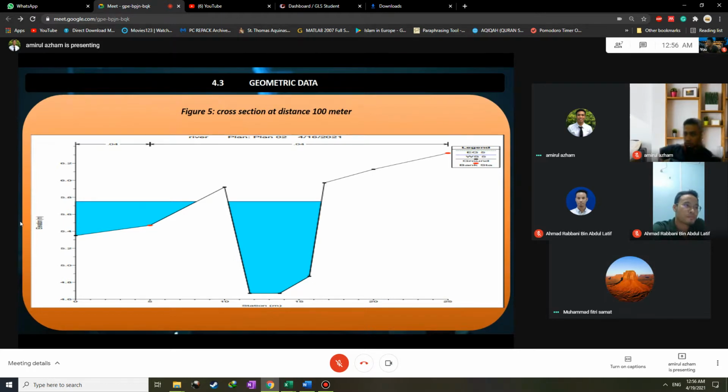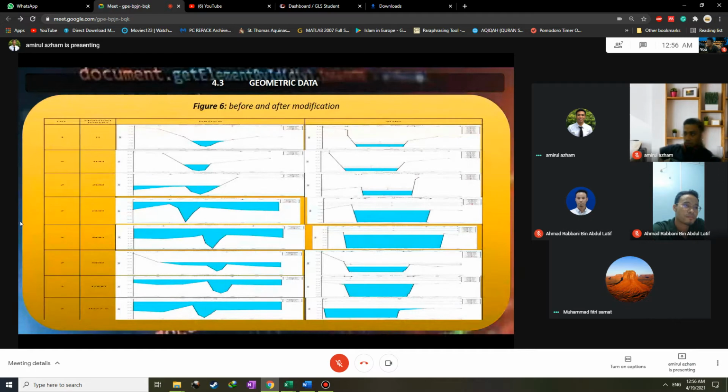Okay, next. This is the result: the before is on the left, the after is on the right.